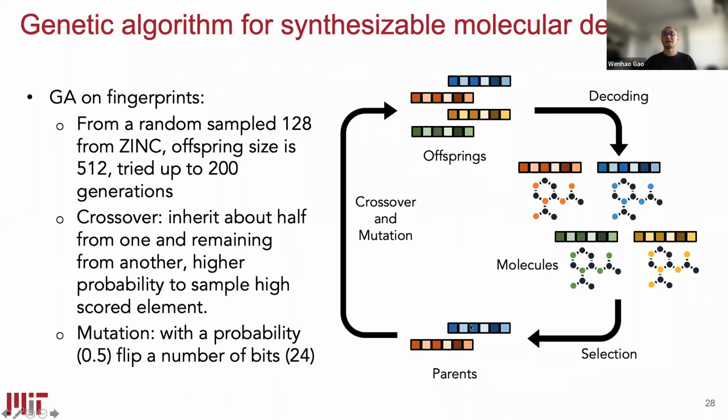I use the genetic algorithm to optimize the fingerprints. When we have offspring, we use the previous model to decode the fingerprints to a synthetic tree, and select them based on the property of the product molecule. We select the top ones to proceed to the next round. That's how the genetic algorithm works. Is that clear?